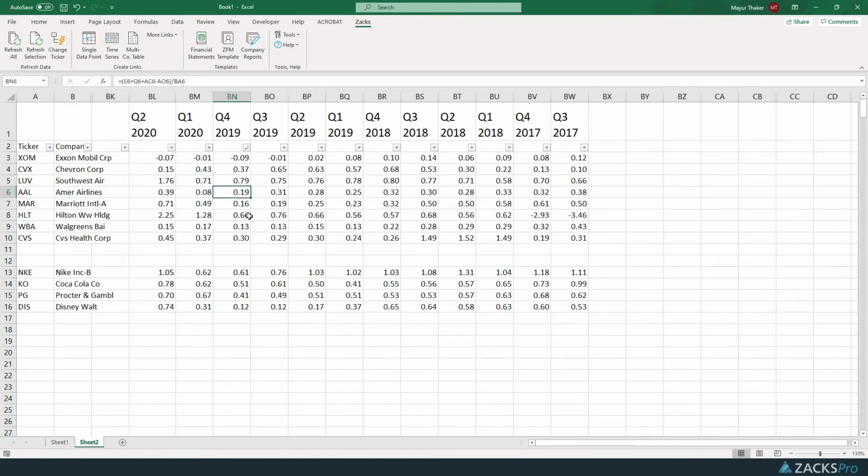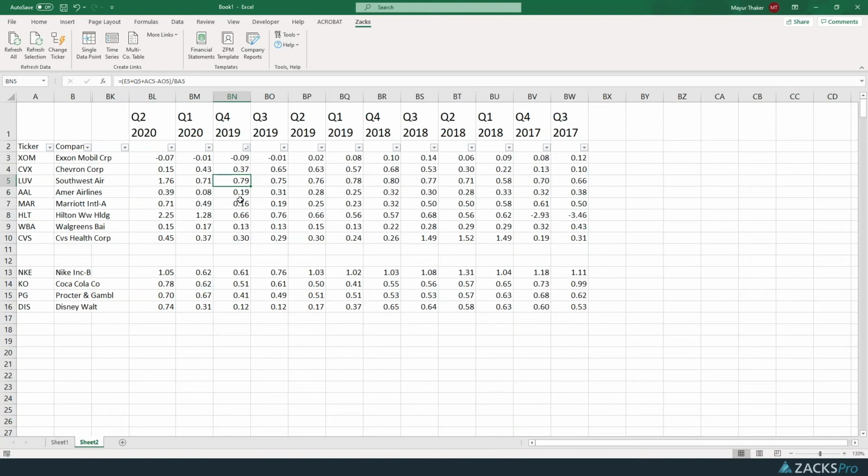So right before the crisis hit, again, going back to Q4 of 2019, look at the difference between American and Southwest. American Airlines, with regards to their liquidity ratio, again, cash plus free cash flow minus dividends divided by current liabilities, was at 0.19, so 19%.